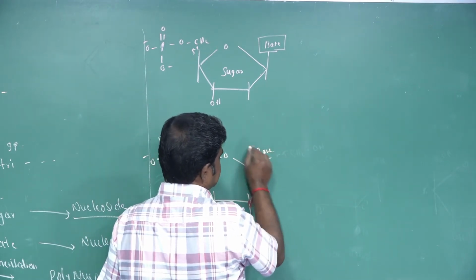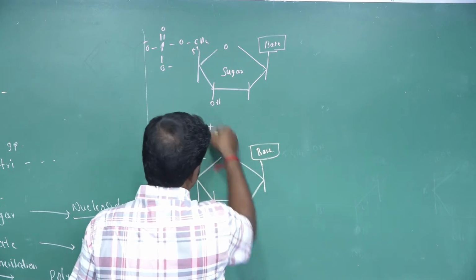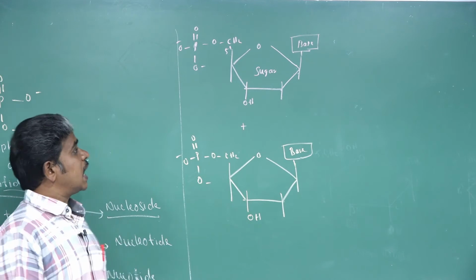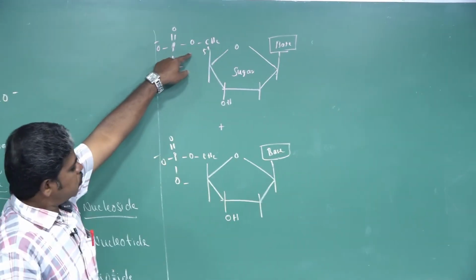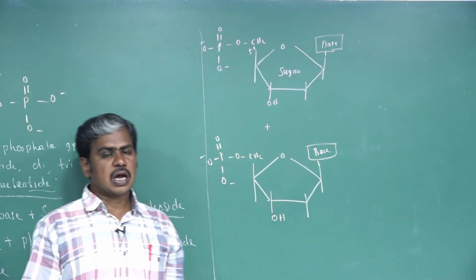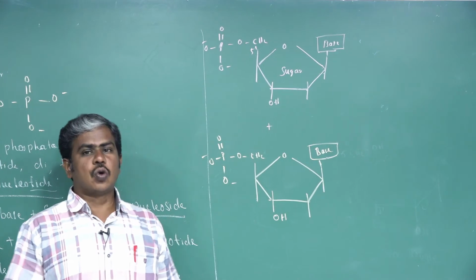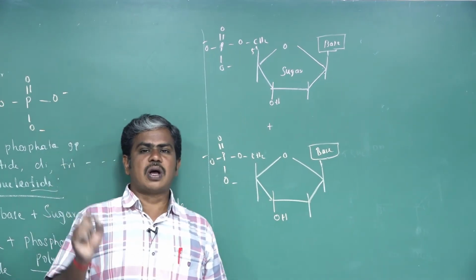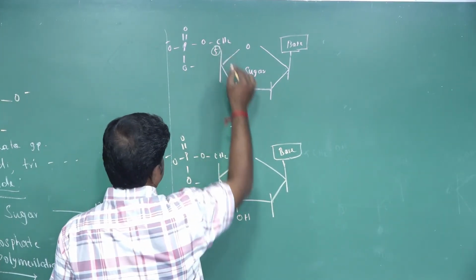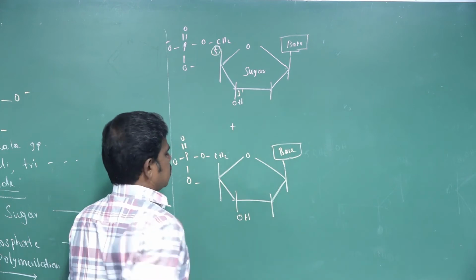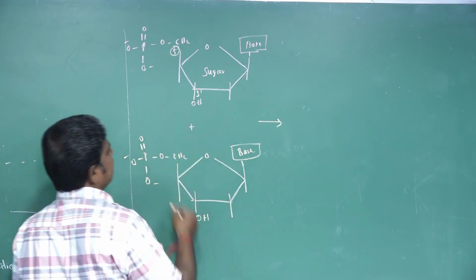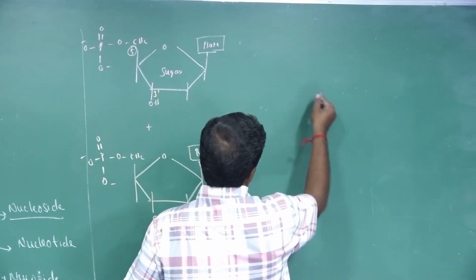These two are attached. One nucleotide is attached with another nucleotide at the 5' position and the 3' position. So 5' and 3' phosphate linkages occur. Here it is a 5' position, and here it is a 3' position, so it links these two positions. Here there is the linkage.